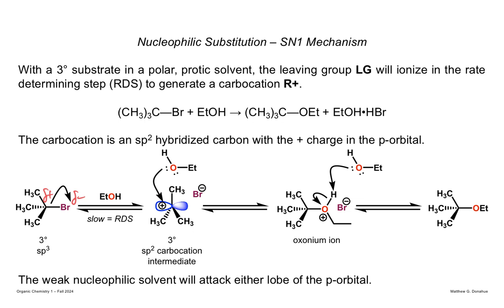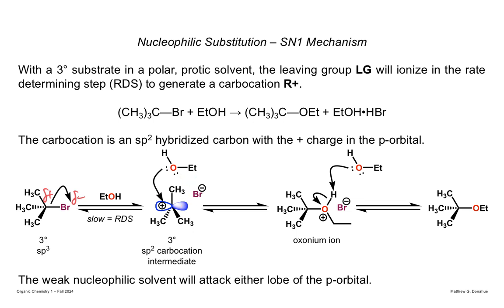They all lie in a plane. And then the lobes of the p orbital are on either side of that plane. So when the nucleophile, which is the solvent, attacks, even though I'm showing it in one direction here, attacking the left lobe, it also can attack the right lobe.